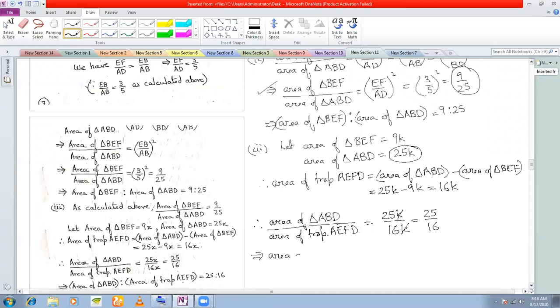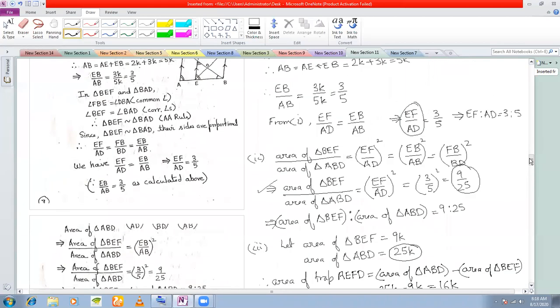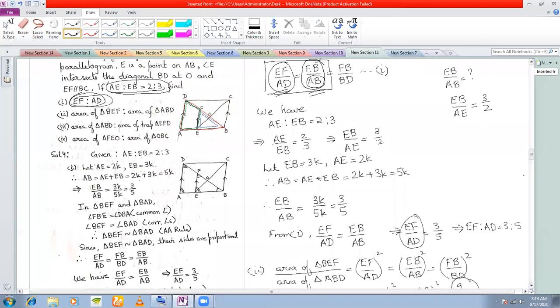Area of triangle ABD is to area of trapezium AEFD is equal to 25 is to 16. Okay. Any questions? No, sir. Proceed to the next one.